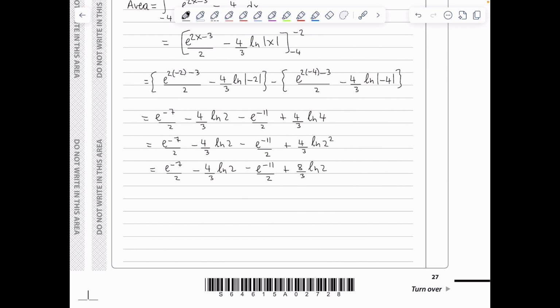So the 2 came down, multiplying the 4 over 3 by 2, leading to 8 over 3. So we conclude that the final answer is e to the minus 7 over 2 plus 4 over 3 ln 2 minus e to the minus 11 over 2.